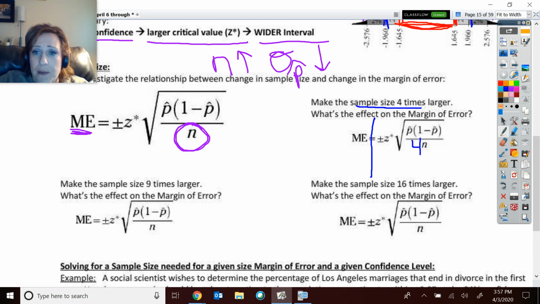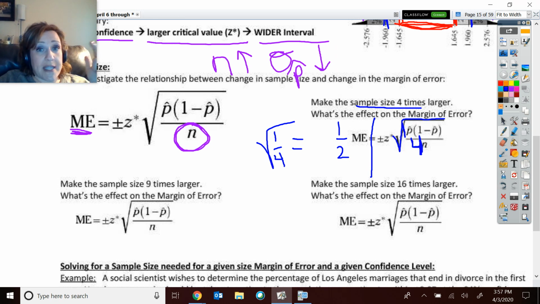So if I put in this 4 right here, then I have to balance it on the left-hand side by mimicking it with 1 over the square root of 4, the square root of 1 over 4. So essentially what that is is 1/2, because the square root of 4 is 2.